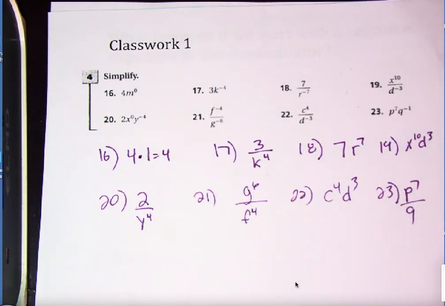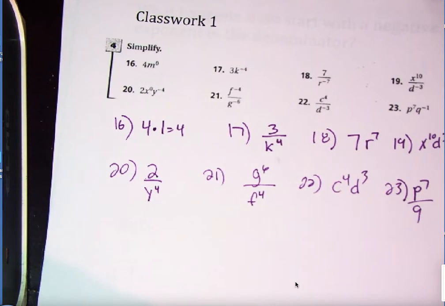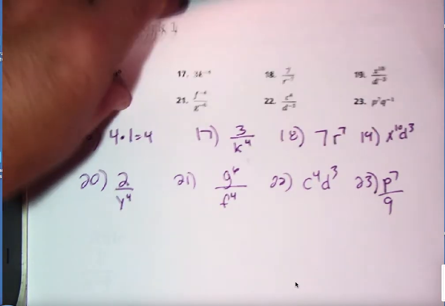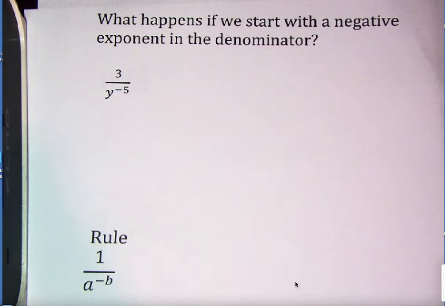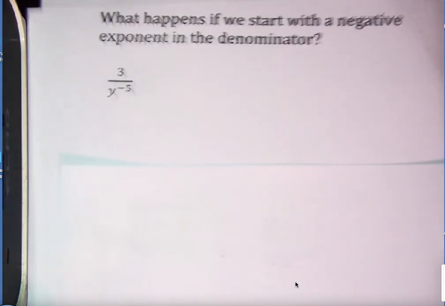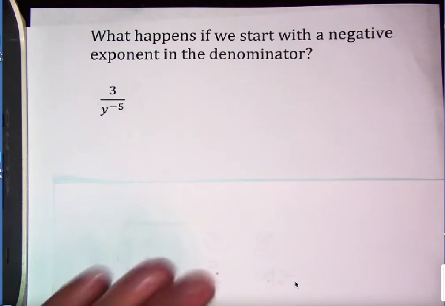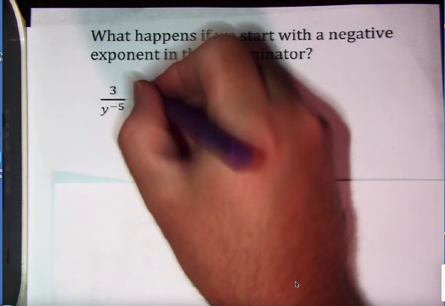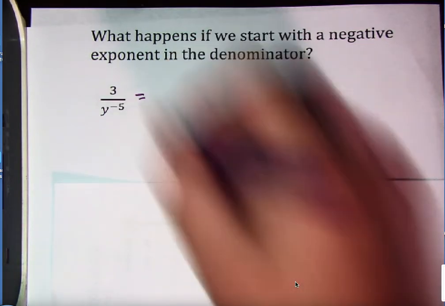All right, so there's the answers to classwork 1. We do have to get into a little bit more with some other tricky stuff. What we have to talk about is what happens if we start with a negative exponent in the denominator, right? For example, 3 over y to the negative fifth.